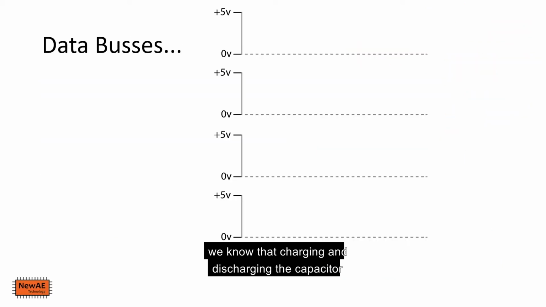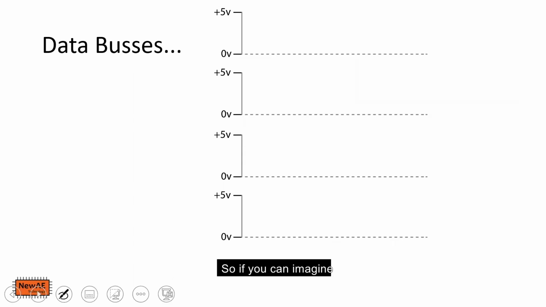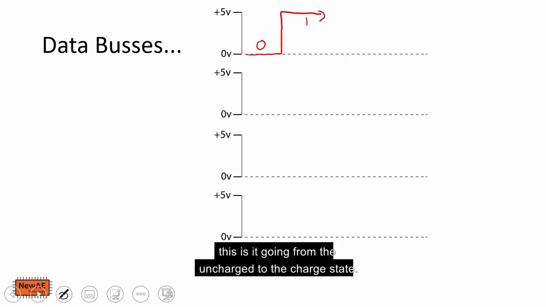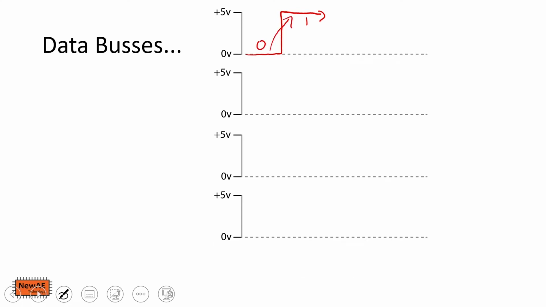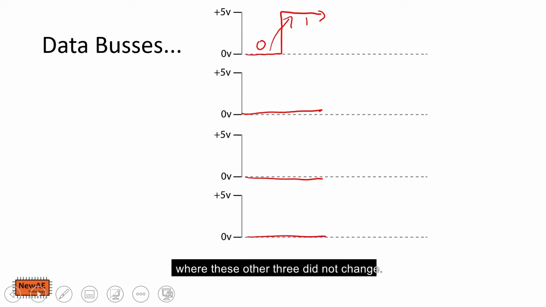And what do we know? We know that charging and discharging a capacitor actually takes a small amount of power. So if you imagine your data line transferring from 0 to 1, this is it going from the uncharged to the charged state. Imagine that transition, and also imagine a state where the other three bits did not change.